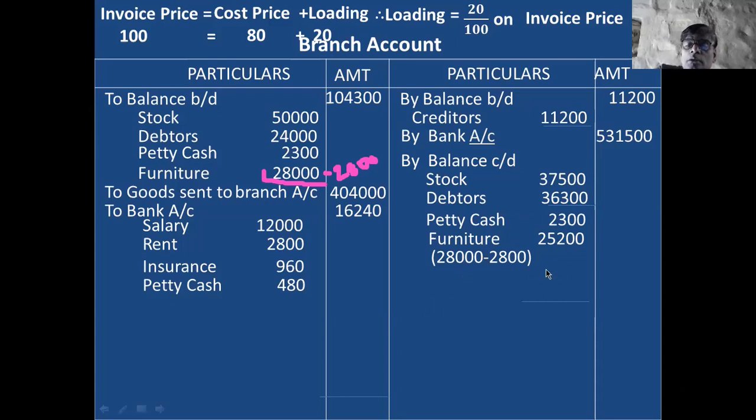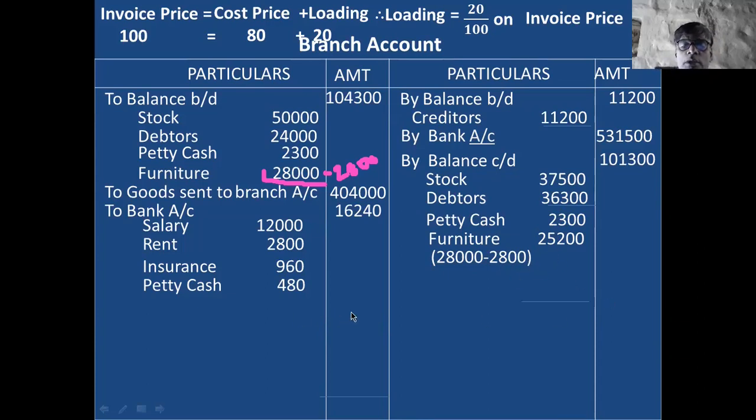Okay, these are the balances of assets. If you take the total of this, it is 1,01,300. The third item is completed. The closing balance of assets comes on the credit side.